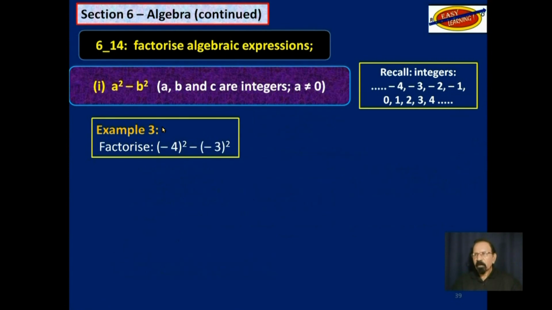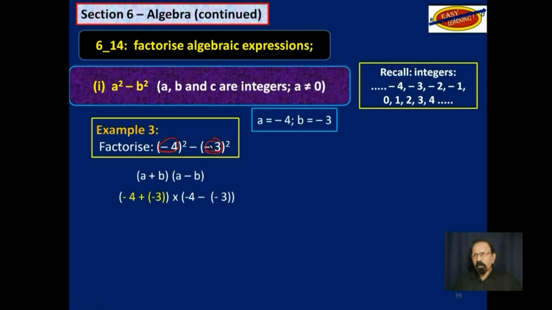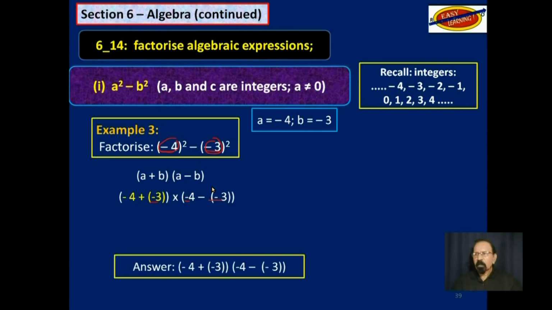Example 3. Factorize negative 4 squared minus negative 3 squared. Remember, that is a and that is b. So we set it up in this format. Negative 4 plus b and negative 4 minus b. And this is what we get when we factorize that.